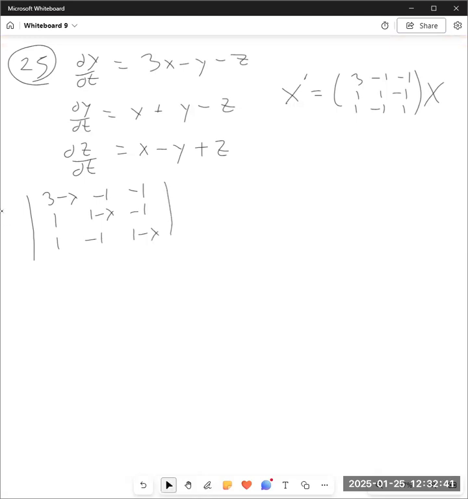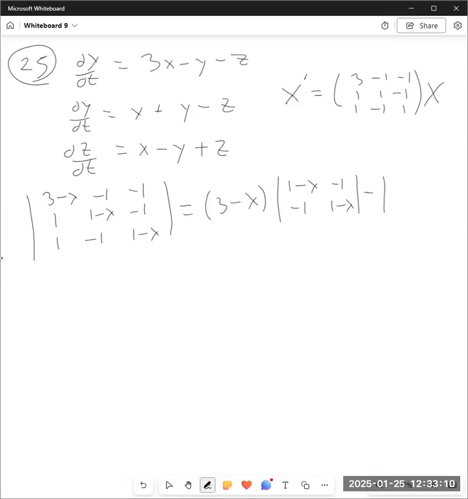Now, because this is a 3 by 3, we're going to have to pick a row or column to expand on. I have chosen to expand on column 1, and that makes 3 minus lambda times the determinant of 1 minus lambda, negative 1, negative 1, 1 minus lambda, and then minus this 1.